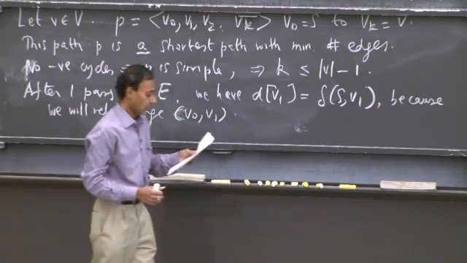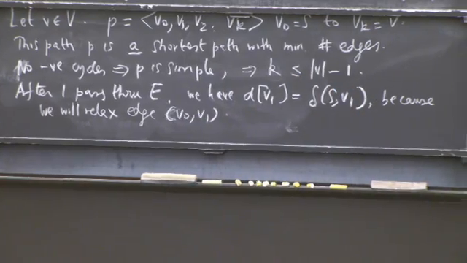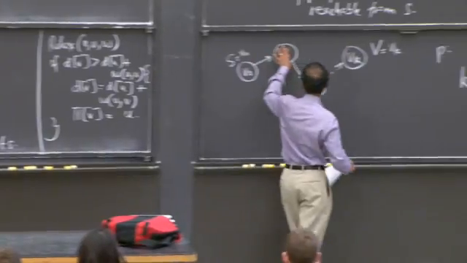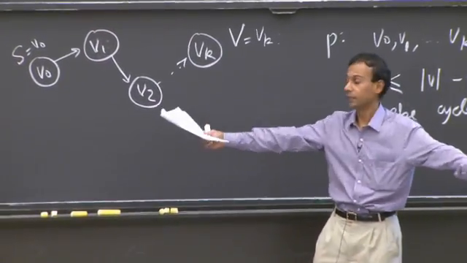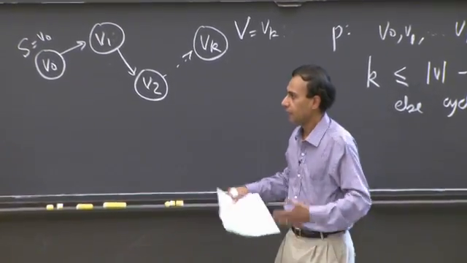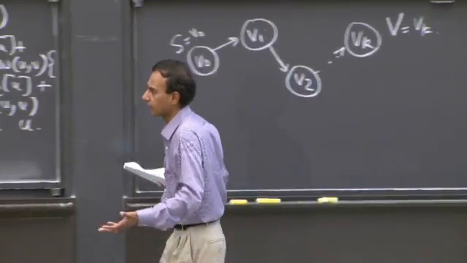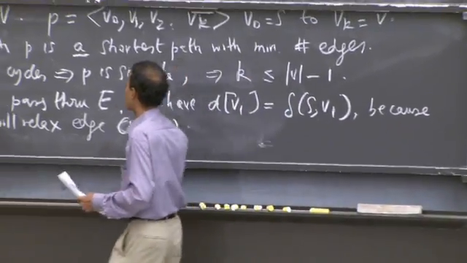And we can't find a shorter path than this path, because otherwise we'd violate the optimum substructure property. That means that it's a contradiction that we selected a shortest path in the first place. And so we can argue that we have delta S V1 after the first pass.